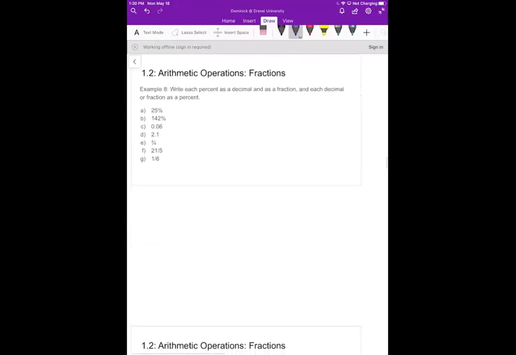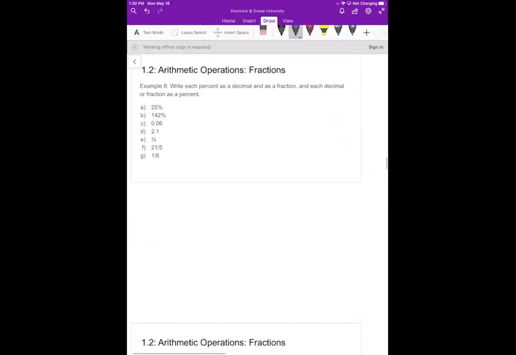All right. So in this example, we're going to look at writing each percent as a decimal and also as a fraction, and each of the decimals or fractions will convert to a percent. All right, so the first two, of course, would be converting to a decimal. Now in the first one, you have 25 over 100.